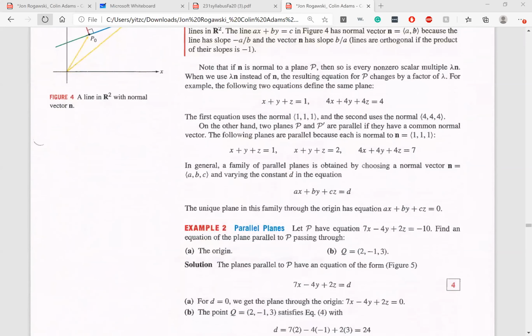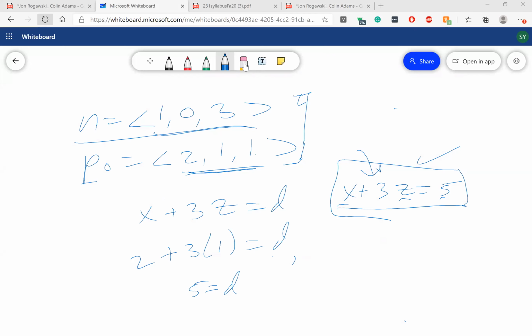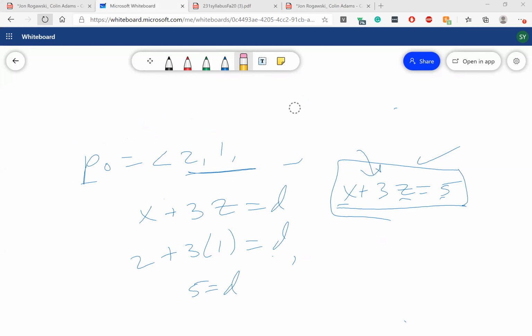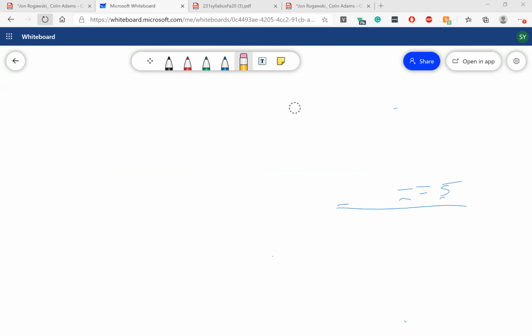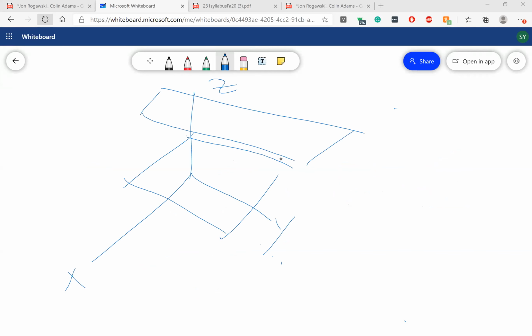Another thing, like we said before, is that you can have many different planes that are parallel to each other. If this is your x, y, and z coordinate system, you can have one plane over here, and then another plane, and they're both parallel to each other, which means that they both have the same exact normal vector.